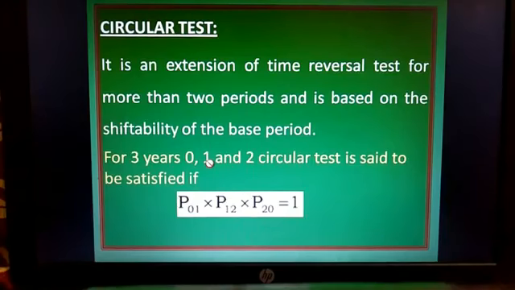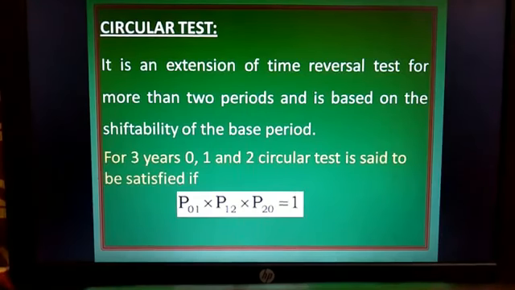In circular manner means how it can happen? 0 and 1, then 1 and 0. Then 0 and 1, then 1 and 0. That way, correct? That's why in time reversal test which we had is P01 multiplied by P10 is equal to 1.